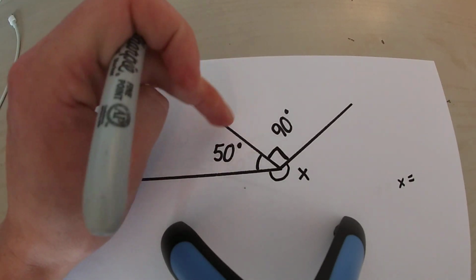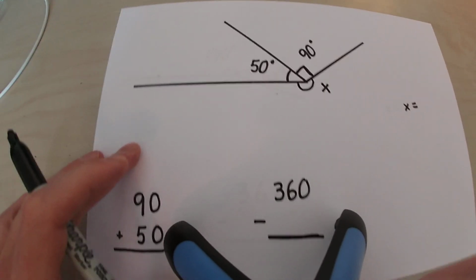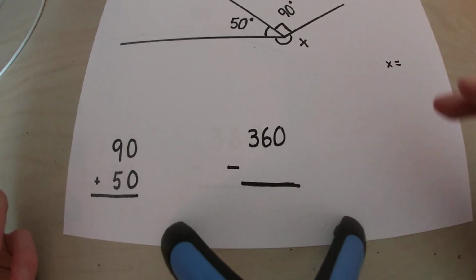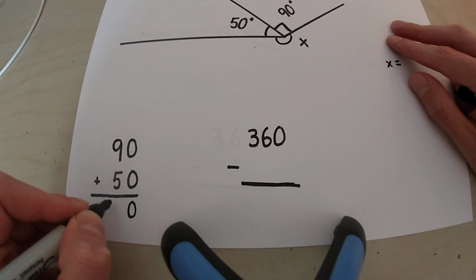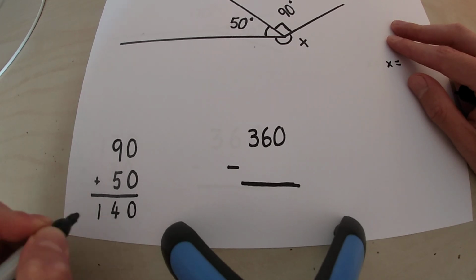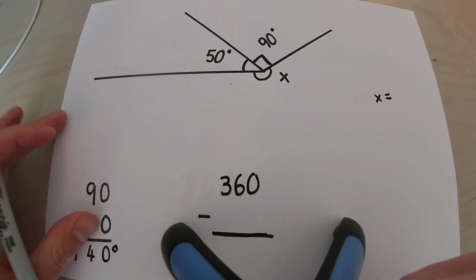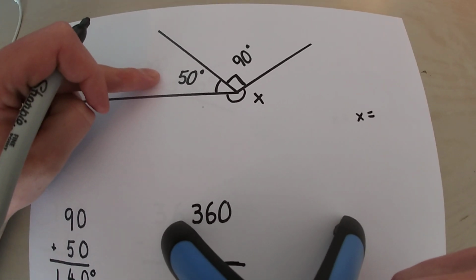Let's add these two together first of all to help us. So 90 add 50. 9 and 4, 14. We know that these two together, 90 add 50 equals 140.